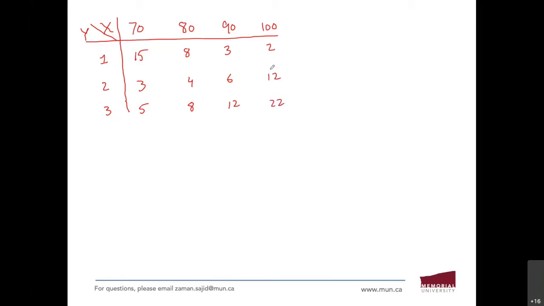Now we have 4 objectives here. The first is to plot the joint probability mass function, which is PMF, of X and Y. This is our first objective.